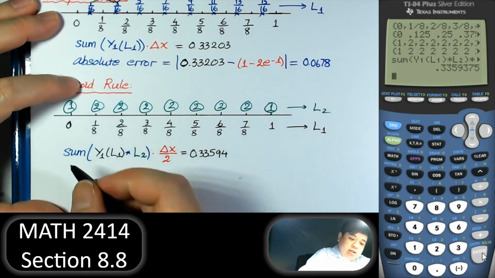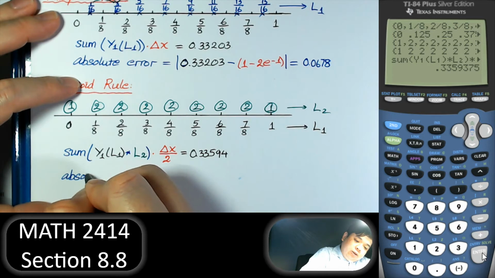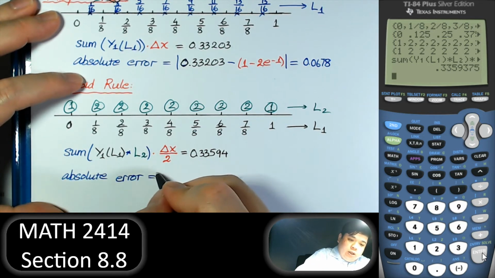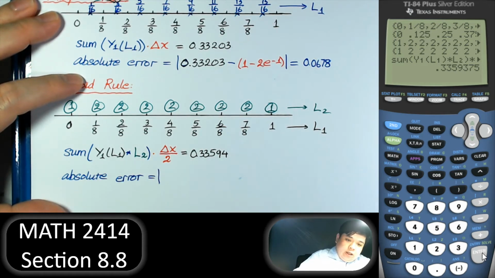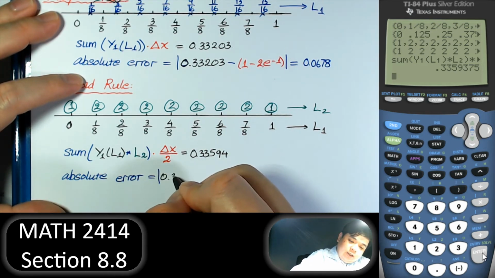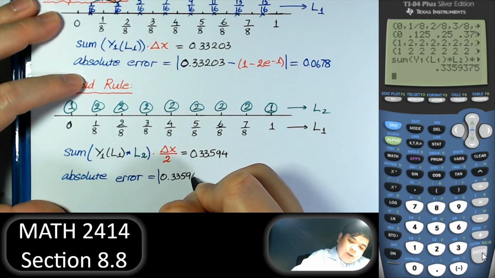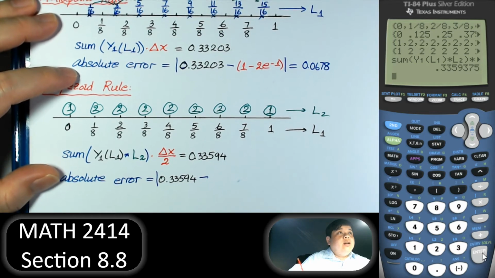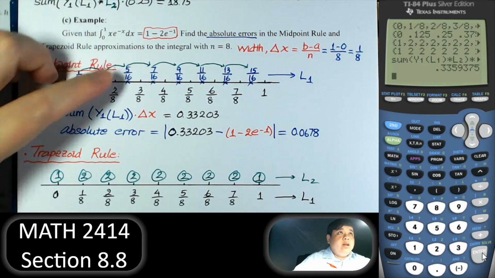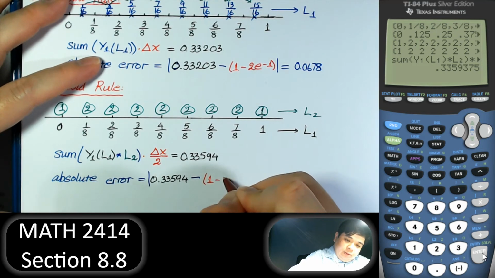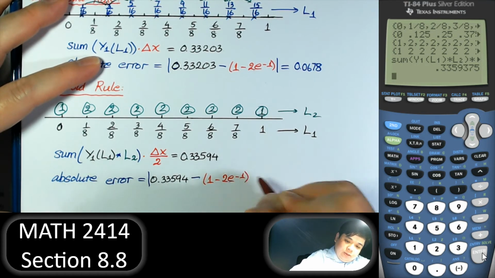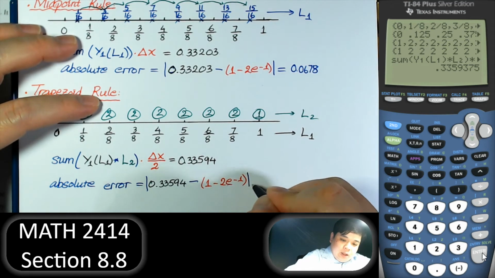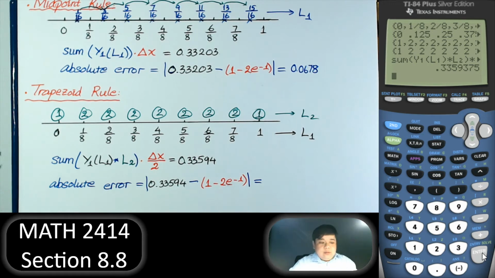And then the absolute error is that, subtract the exact value.